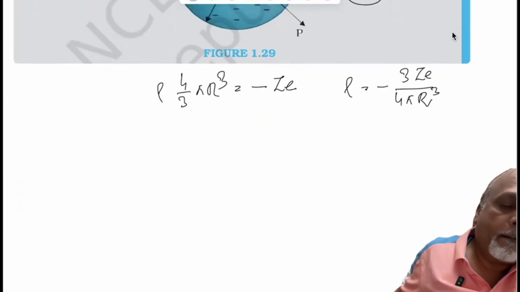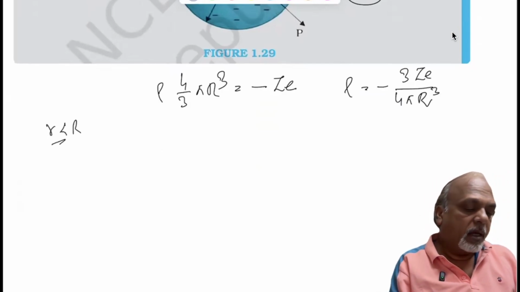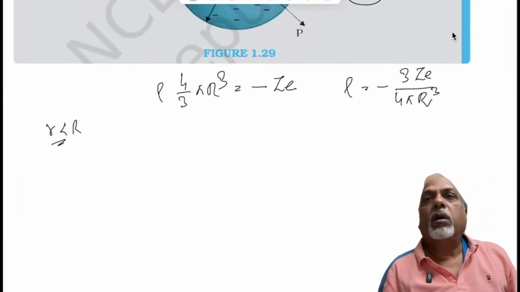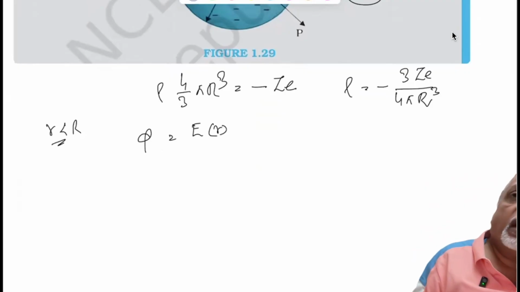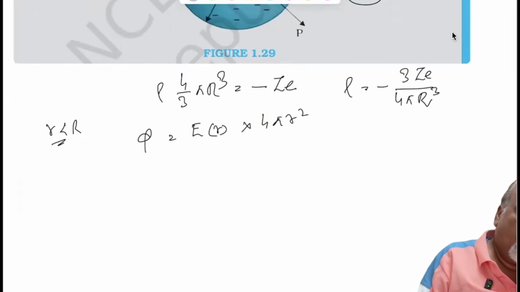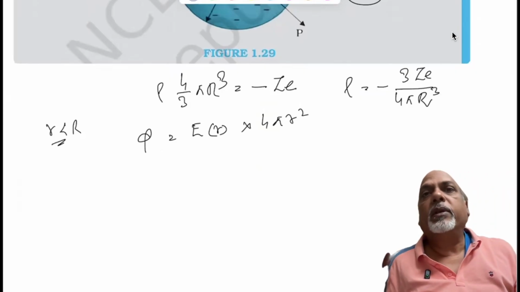Now r is less than R. So phi is E, the electric field at distance r, into 4 pi r square, that is the surface area of the Gaussian surface.